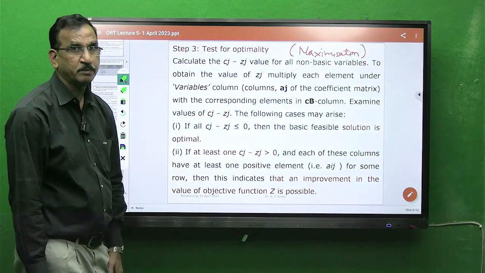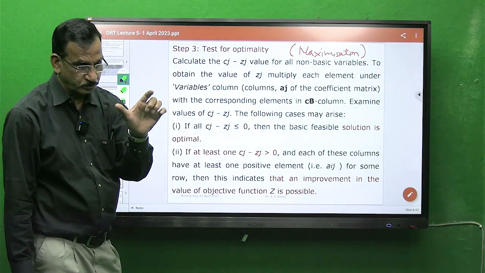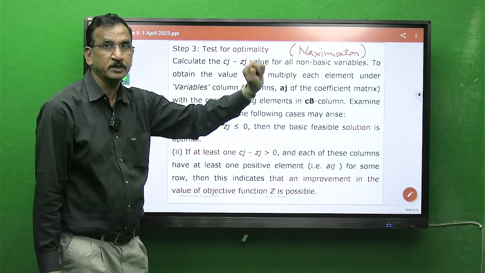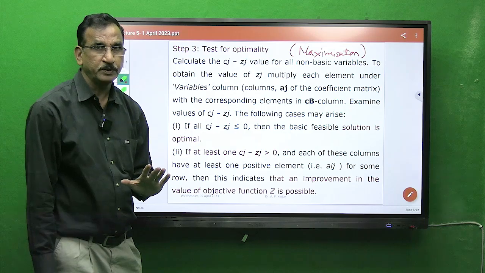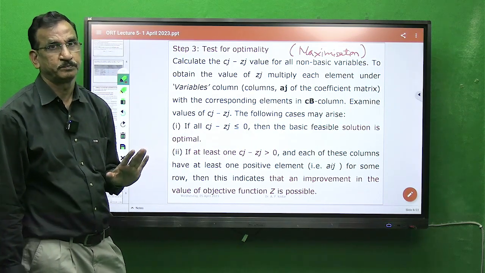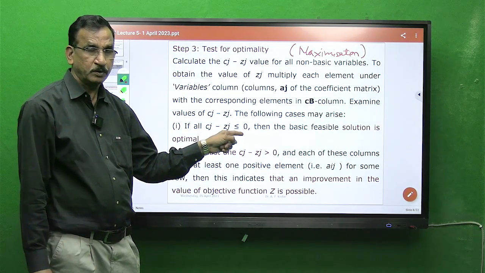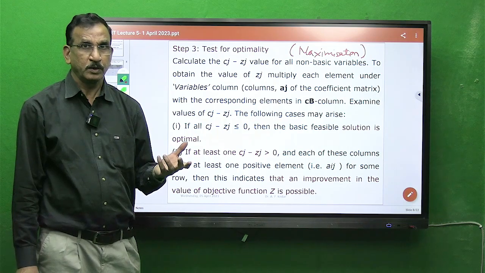The meaning of this statement is, whenever I am calculating all Cj minus Zj values for a maximization type of problem, all values must be 0 or negative. What is written? Less than or equal to 0. Less than or equal to is what? Negative.